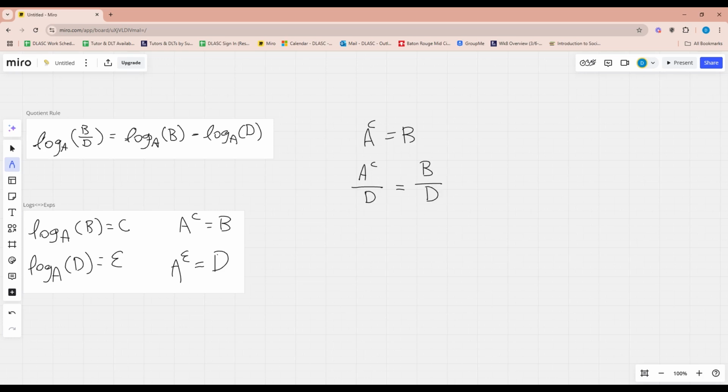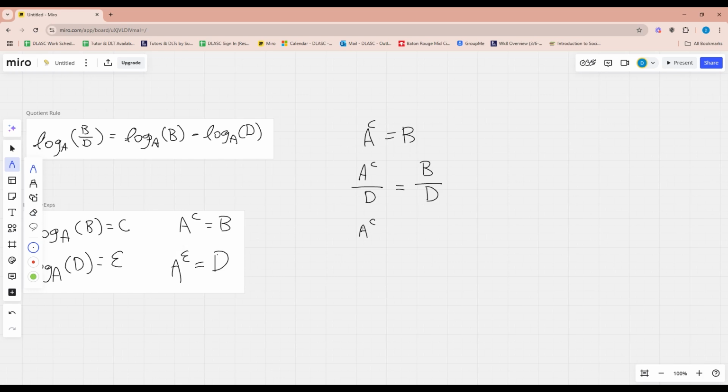Now, notice that a to the e is equal to d. If that is true, which it is, then what I want to do is substitute, because those both have the same base. I think I'm going to be able to simplify it a little bit.